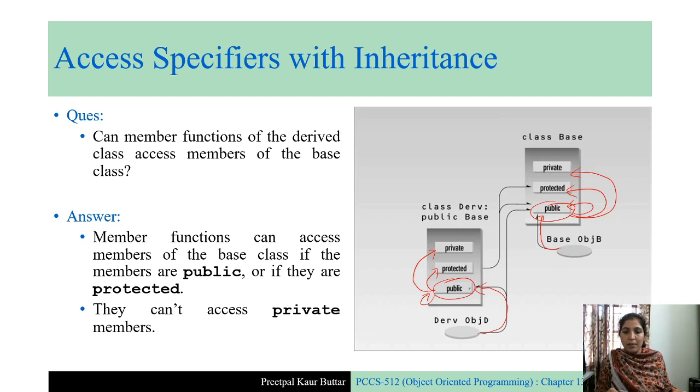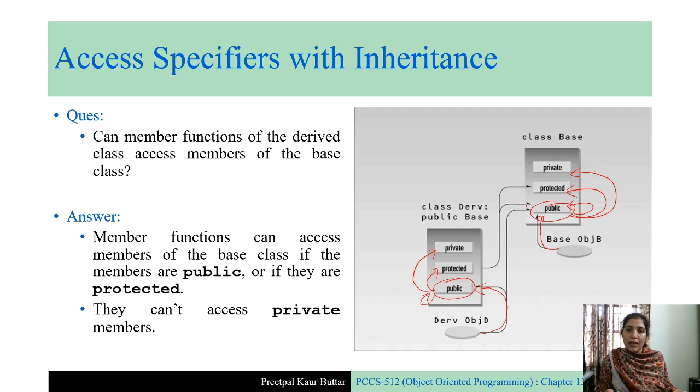Okay, and what about protected? Protected members, they can also access all the other private, protected and public members of this class. Similarly, here protected can access other protected members, other public members and private members. Same is the case with private keyword. So within the class, all the members are accessible to other members.